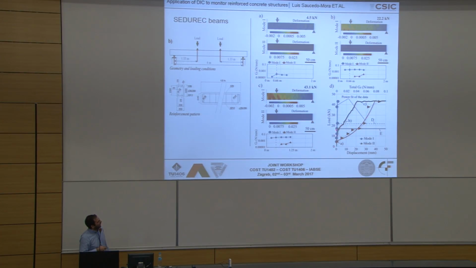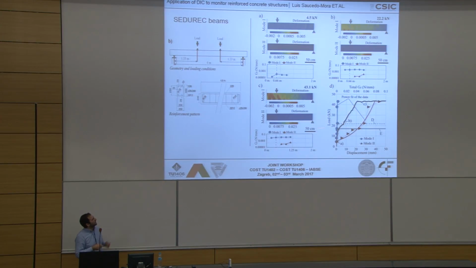can see, if we look at the black line, everything is roughly linear until this point, and we see how the mode 1 energy released by the beam starts to grow until reaching a certain threshold when the beam is starting to behave non-linearly.